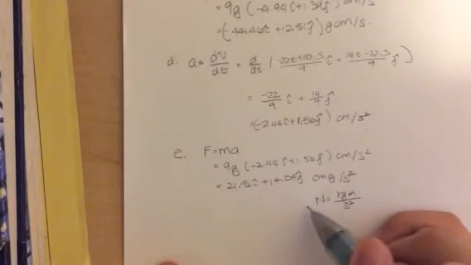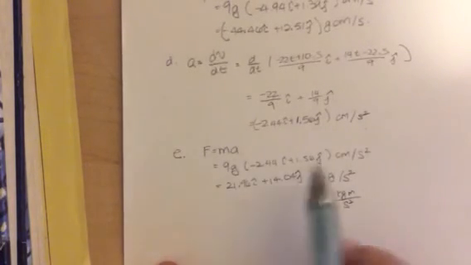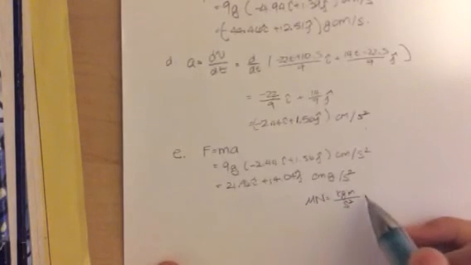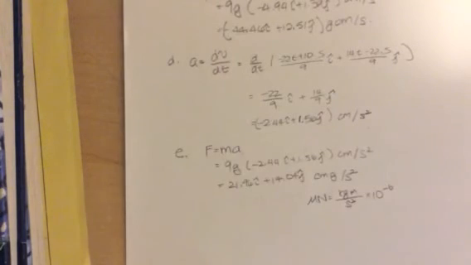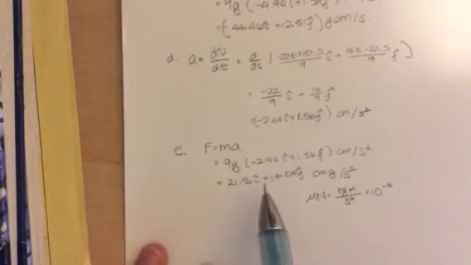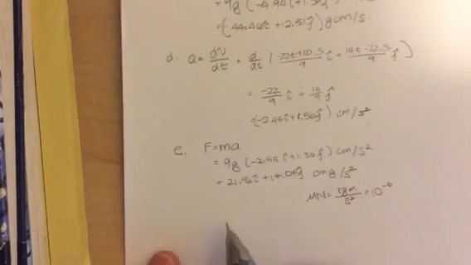Instead, there are micronewtons, which would be slightly more appropriate in this case, where all you would have to do is multiply by 10, which would give you 220i plus 140j micronewtons. And that's it.